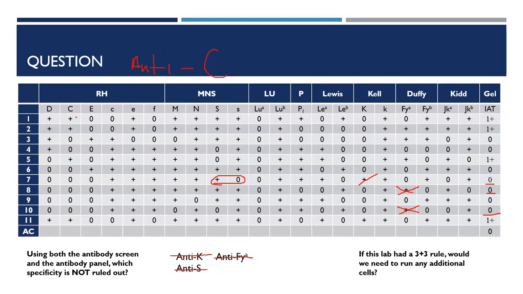And we noted that we had 4 positively reacting panel cells here that are all homozygous in strength, and we have more than 3 negatively reacting cells that are also big C negative. And if we include the screen in this as well, we have even more cells. So our 3+3 rule is more than satisfied in the case of this antibody.